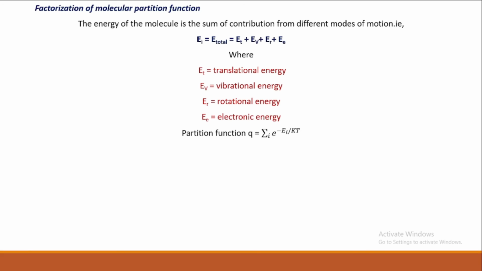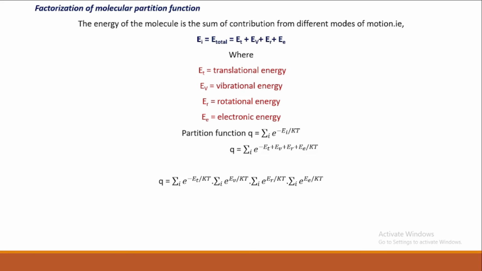So partition function Q is equal to sigma i e raised to minus Ei by kT. So that will be Q is equal to sigma i e raised to minus (E translation plus E vibration plus E rotation plus E electronic) divided by kT.